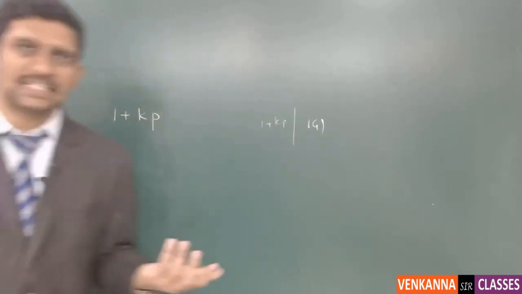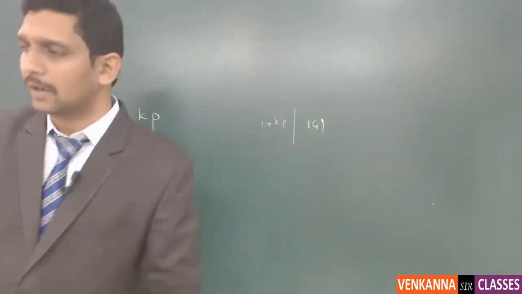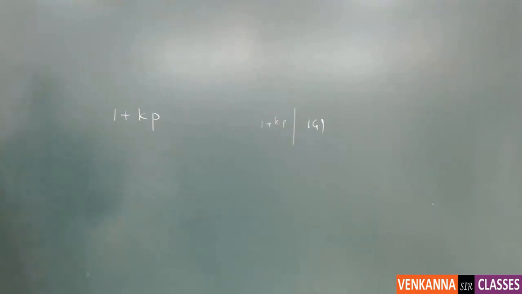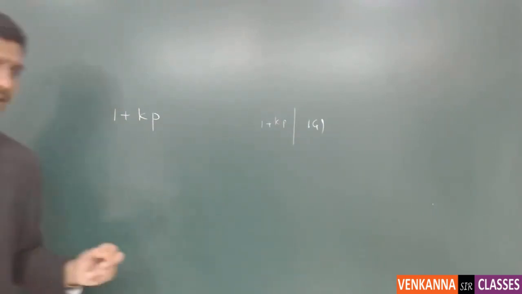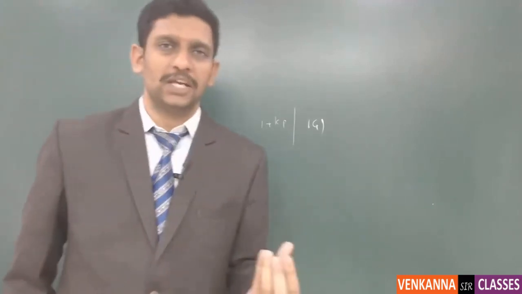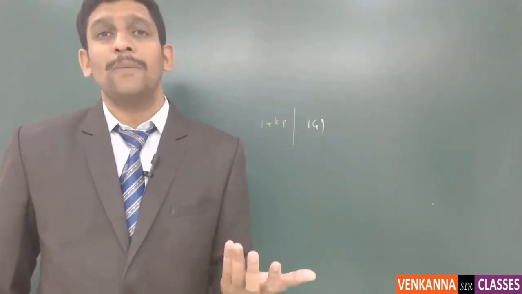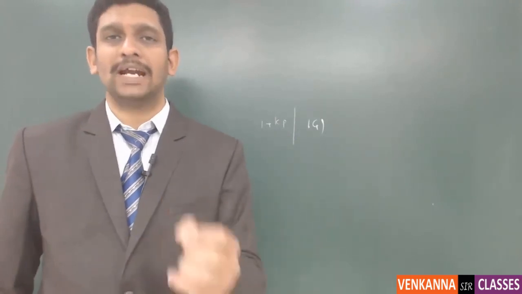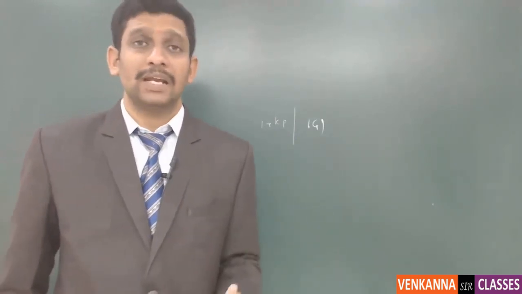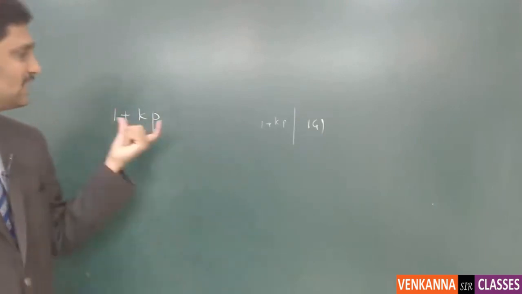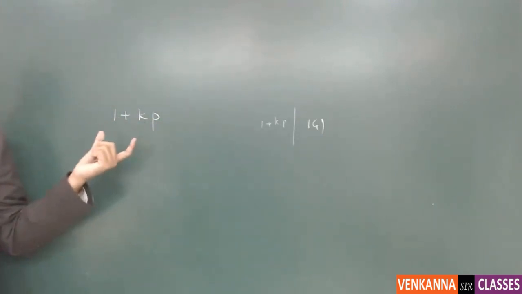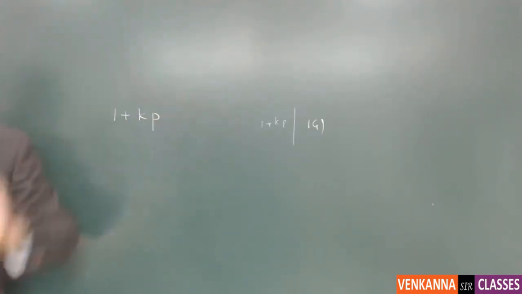So K takes the values 0, 1, 2, 3, and so on. K will not take negative values. So if I have taken a group G and I know its order, and I want to know how many P subgroups the group has, then the number satisfies this condition, 1 plus Kp, and it divides the group order. These are the three Sylow theorem statements.